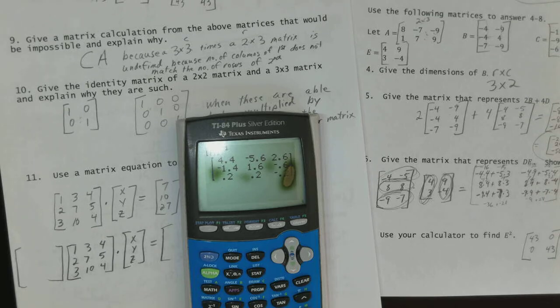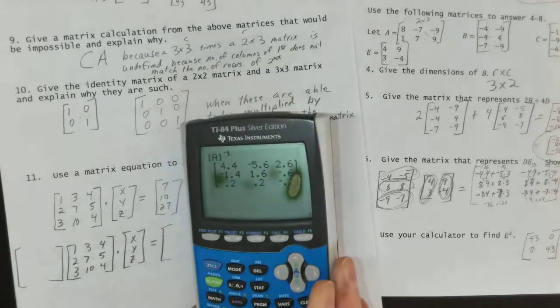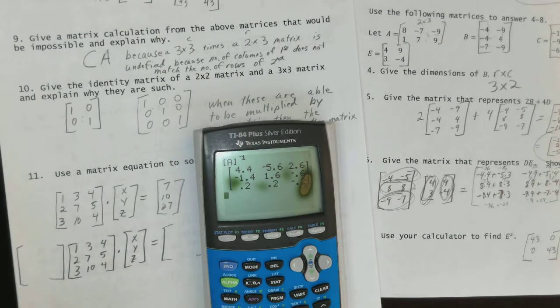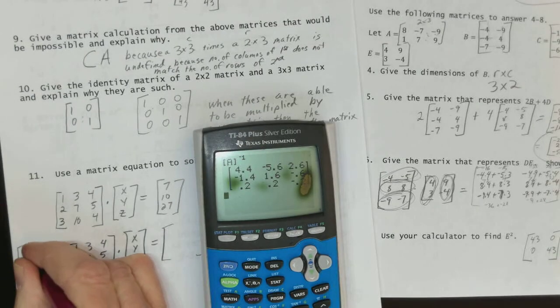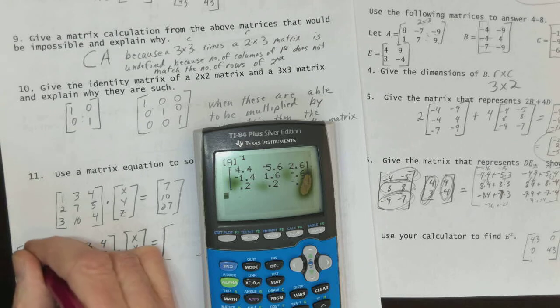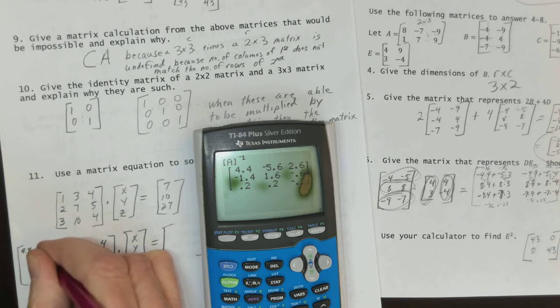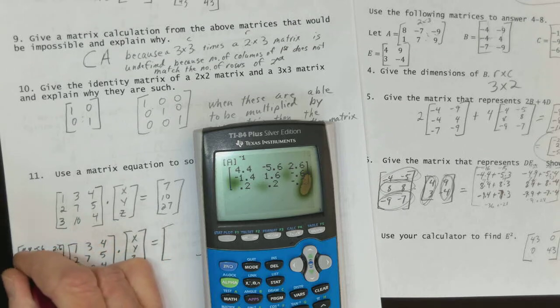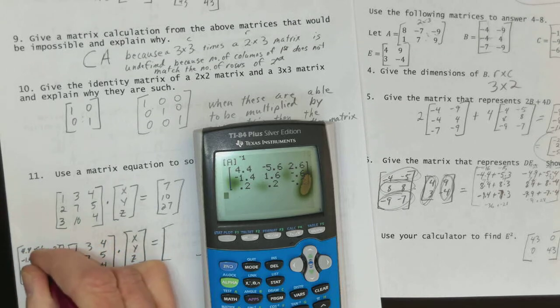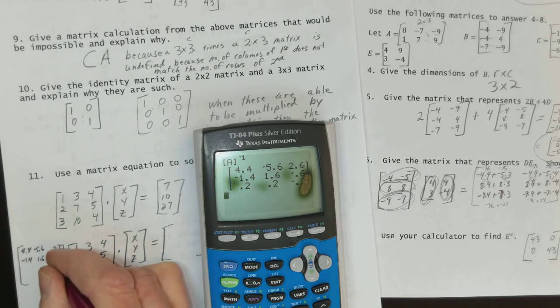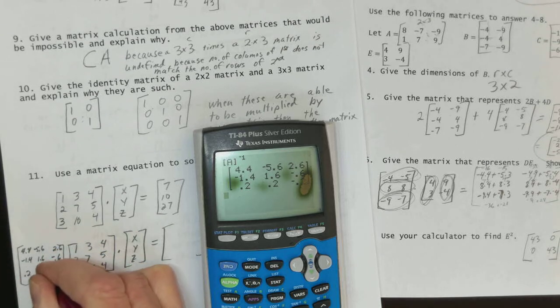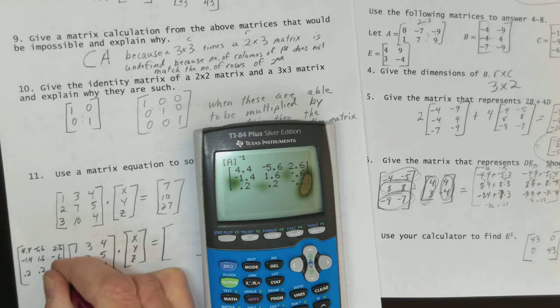That's not bad. I may just leave it. We've been changing it to fractions. That's a decimal, so I'm just going to leave that. 4.4, negative 5.6, 2.6, negative 1.4, 1.6, negative 0.6, 0.2, 0.2, negative 0.2.